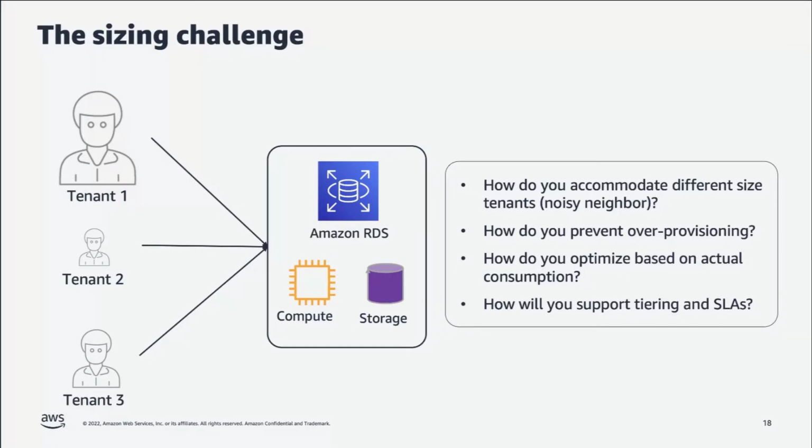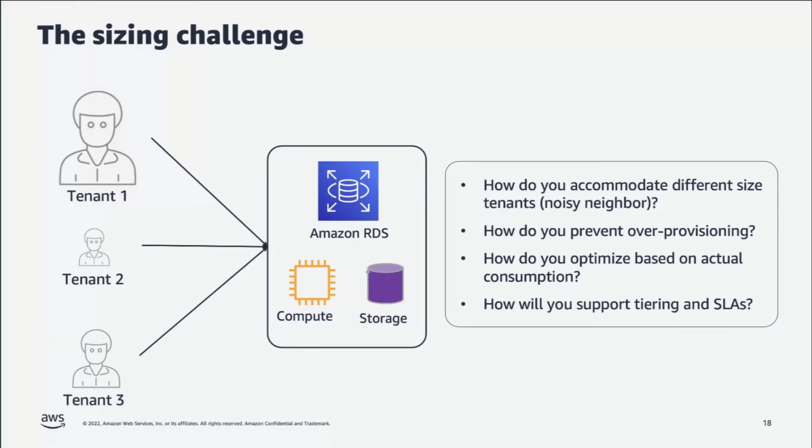How many tenants would you typically bin pack in a given system? How do you identify and isolate noisy tenants proactively in bridge and pool models? How do you prevent over-provisioning, optimize based on actual consumption, and support tiering and SLAs?